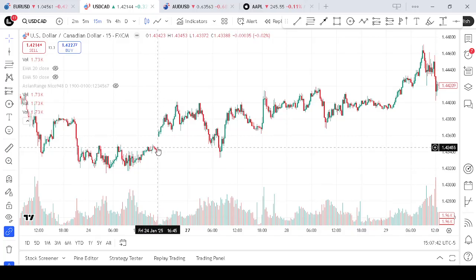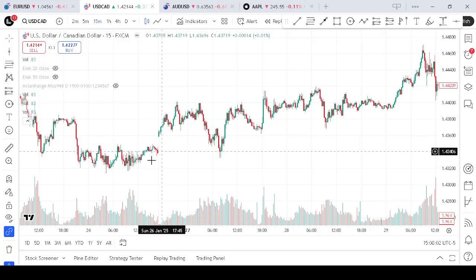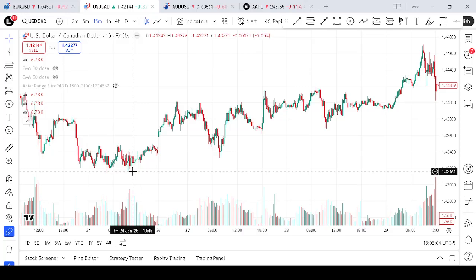That's between this candle close here to the next candle open. These gaps often form due to significant market events such as economic news or changes in market sentiment, and they can provide valuable clues about potential price direction.